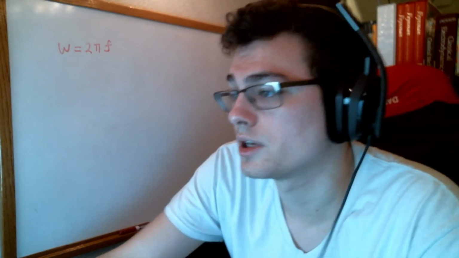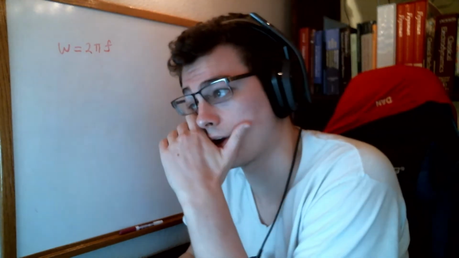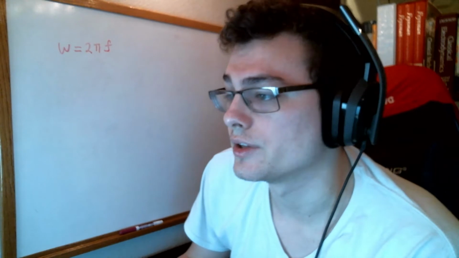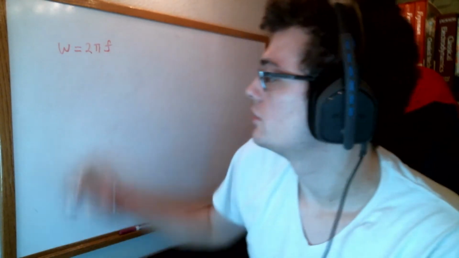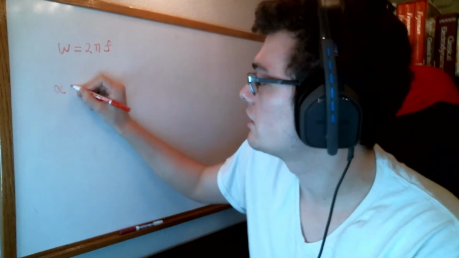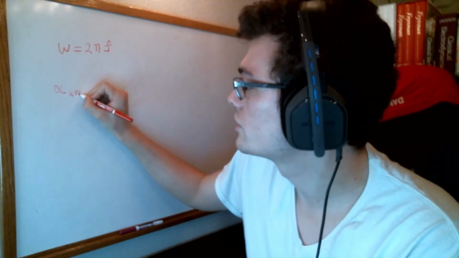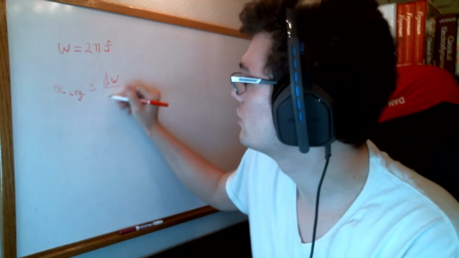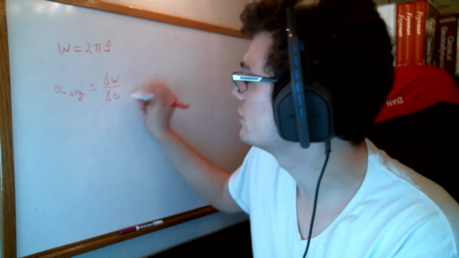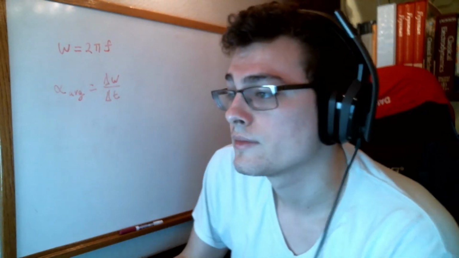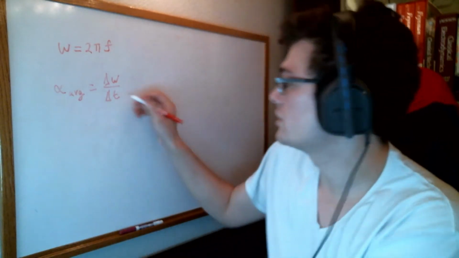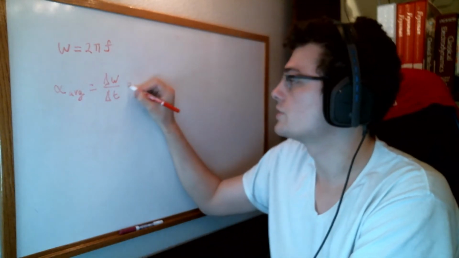And so then next up, it says write an expression for the average acceleration of the disk in terms of the angular velocity. So in this case, you just have to say that a average is going to be equal to d omega over delta t, or delta omega over delta t. And so then in this case, your time t1 is equal to 0.